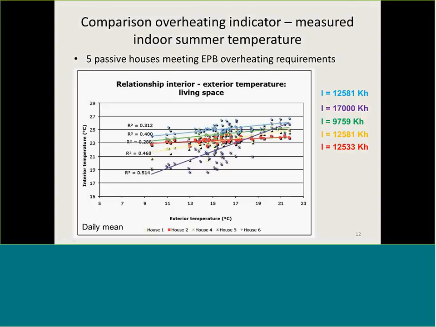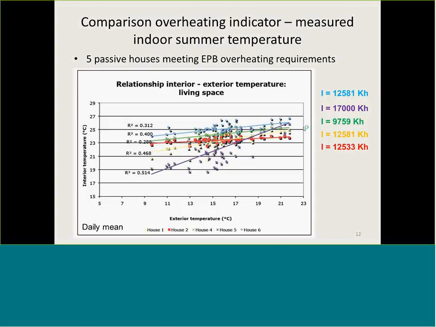For instance, the purple dots in this case show the largest overheating indicator. The green dots show the lowest overheating indicator of these 5 passive houses, but in the daily temperatures in summer, this difference in overheating indicator is not reflected in the measured values.